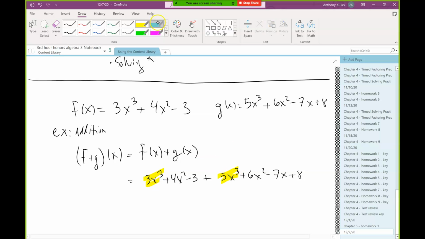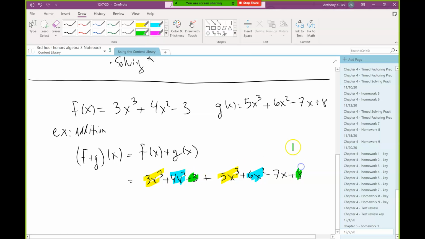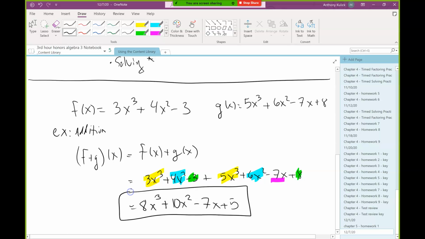So those guys could combine, and these guys can combine, and these guys can combine, and this guy just stays the same because there's nothing to combine with. Reminder, when we're adding monomials, we add the coefficients together, but the exponent stays the same. And that's all there is to it, right?